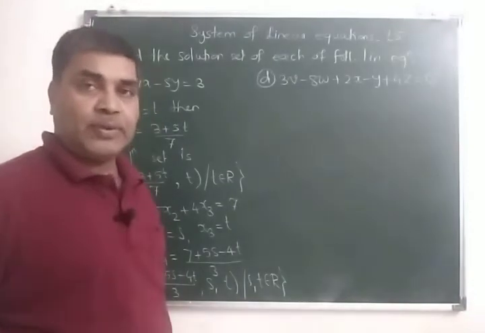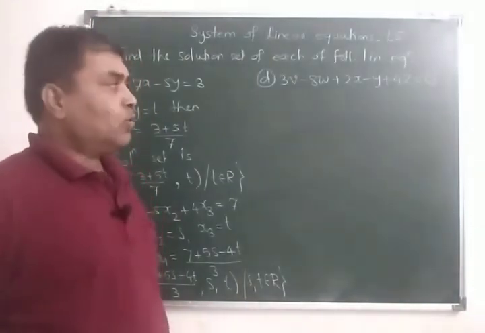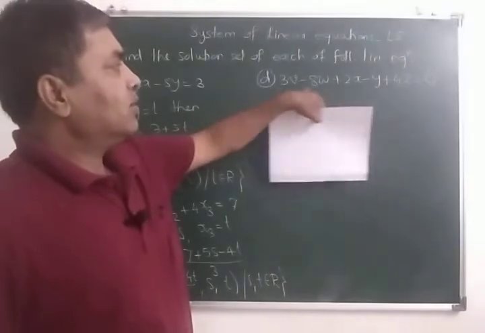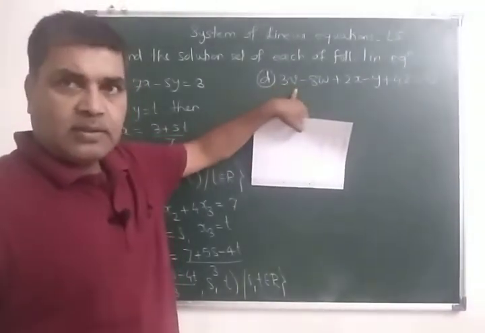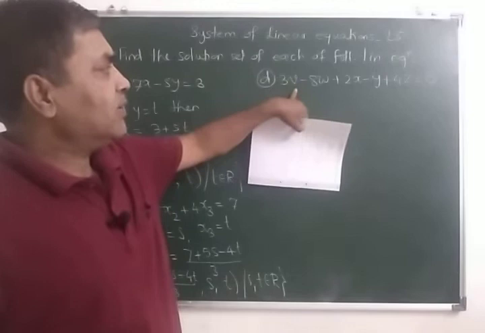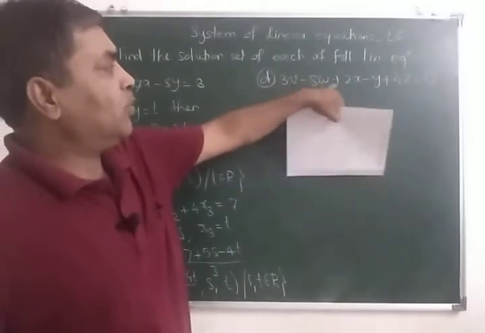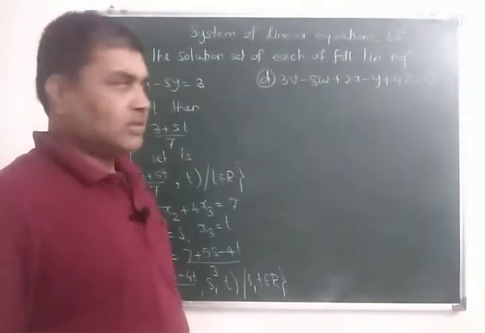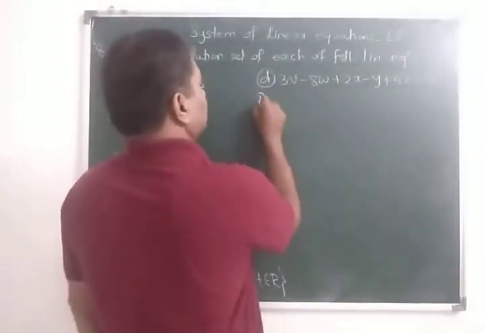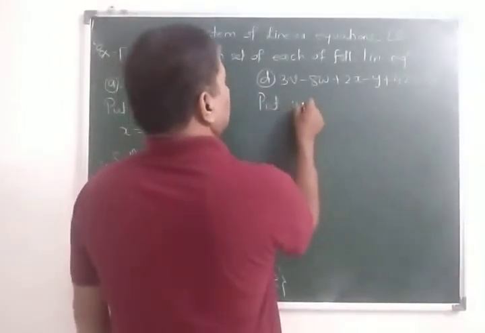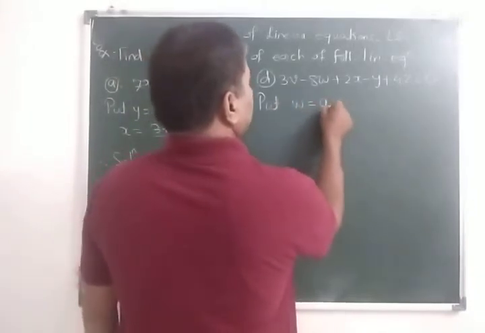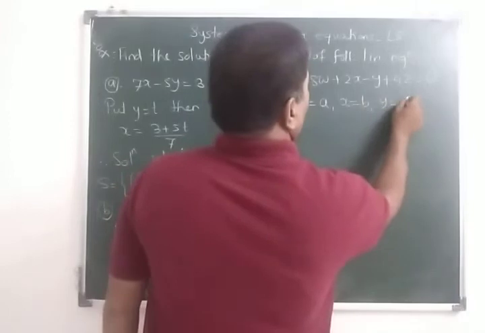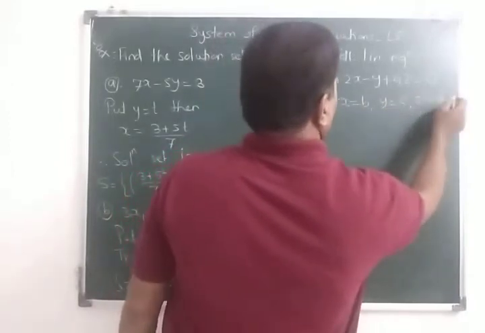One equation in 5 variables. So one variable, v, is the leading variable, and w, x, y, z are free variables. Put w is equal to a, x is equal to b, y is equal to c, and z is equal to d.